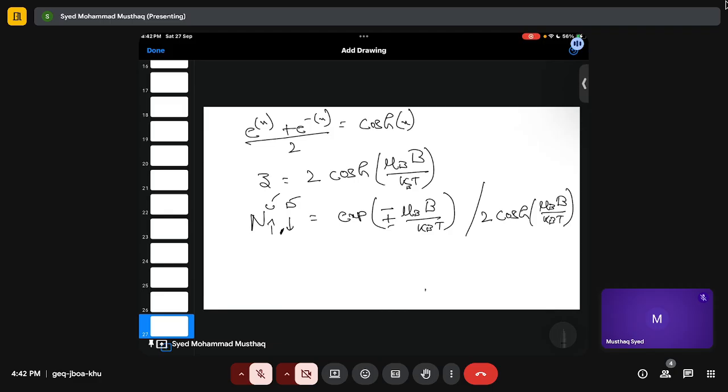Then what will be my magnetization? My magnetization will be n, the total number of spins, I forgot to add, upon my volume, times mu B n up minus mu B n down.